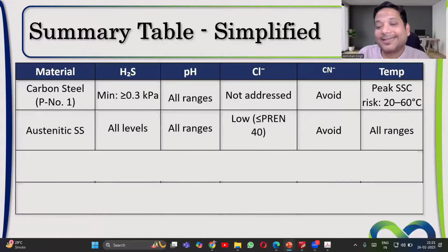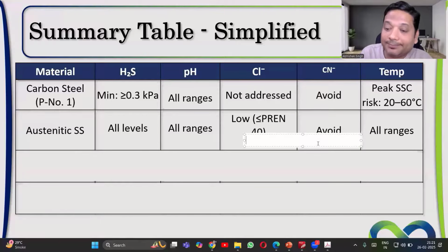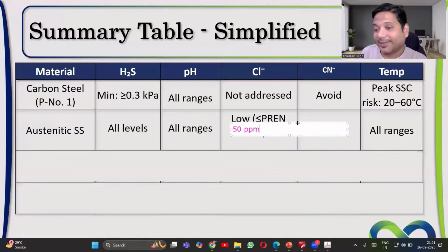Let us talk about stainless steel. For stainless steel also, H2S partial pressure at all levels is perfectly fine. Now here in chloride, if I put a value of 50 parts per million by weight, then in this case you don't have any limit on pH value or on H2S.